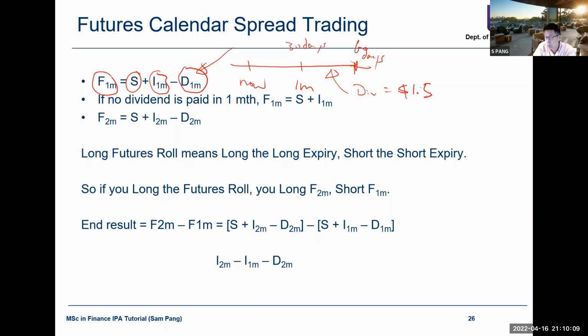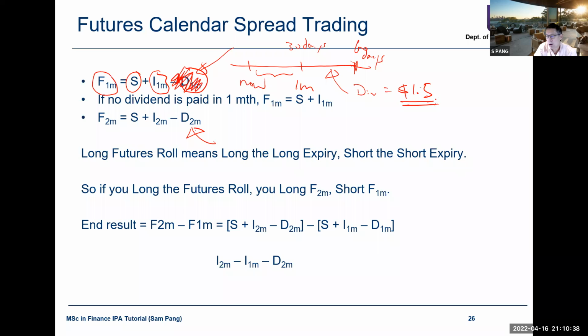So if you argue with the market, if the market is wrong, well, I guess you are a good trader, okay? But we do know that because there's no dividend in the next month, D1M will be 0. But there is a D2M, there is, and we think it will be 1.50.